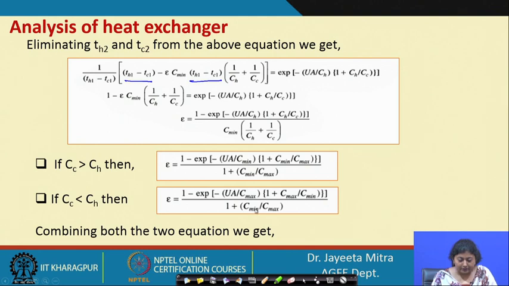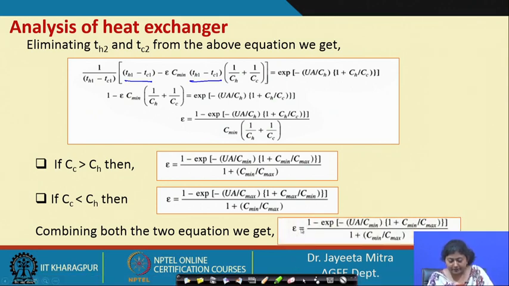So we are getting 1 plus C min by C max here. So combining both the equations, we can get effectiveness is equal to 1 minus exponential minus UA by C min into 1 plus C min by C max divided by 1 plus C min by C max. Okay. So this is the common equation that we are getting.